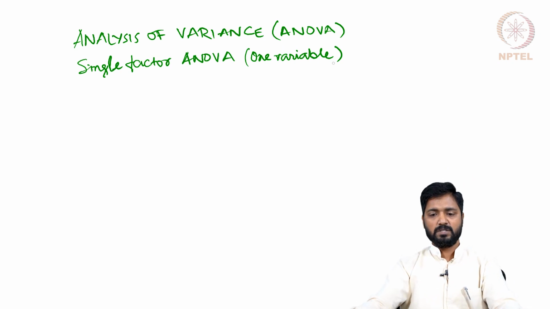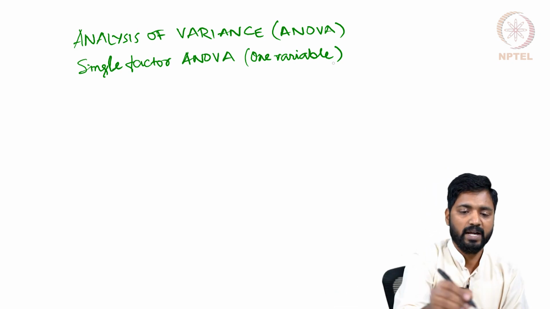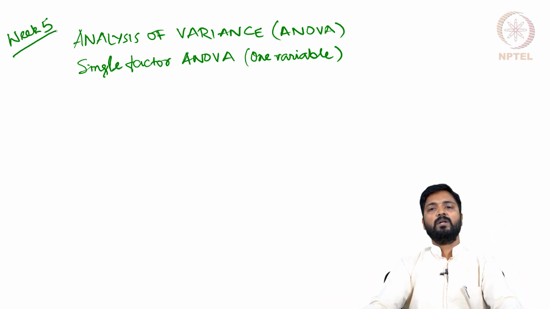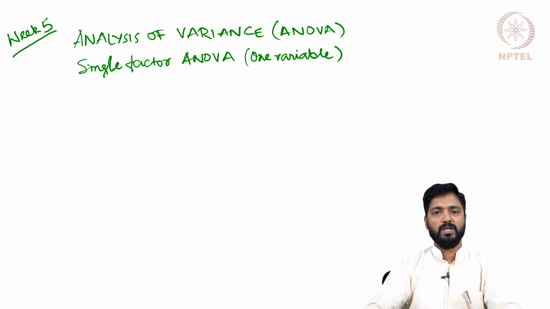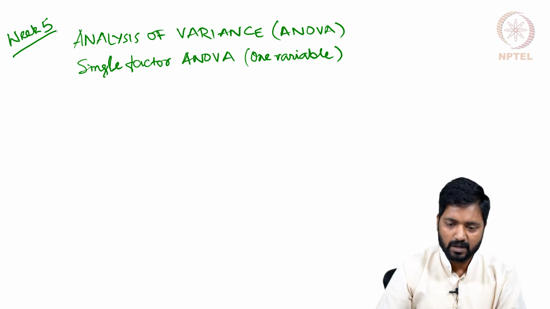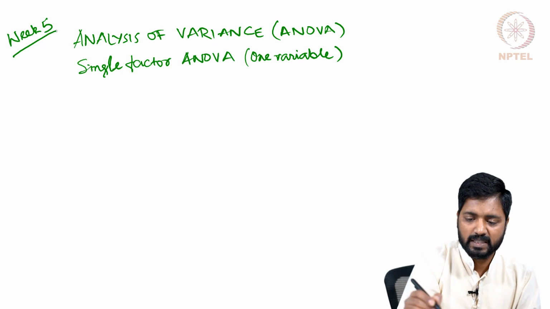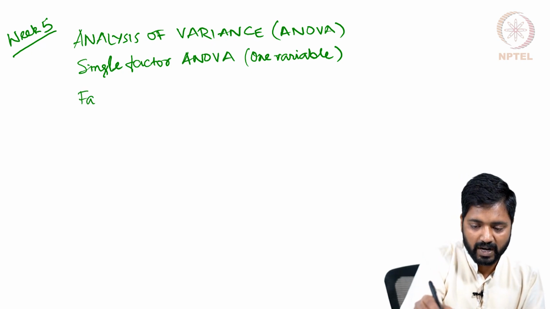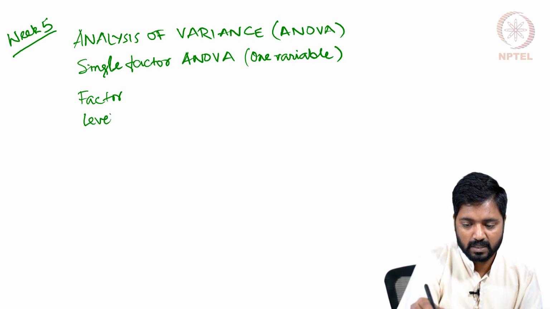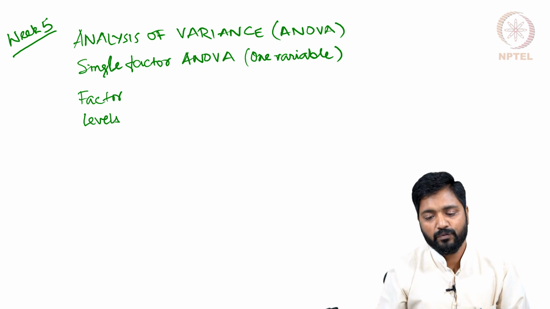Now, as discussed in week 5, this variable can be temperature, the variable can be the person who is conducting the measurement, or any other variable that we can think of. For example, pH can be another variable, and we had essentially three things here. One, of course, is the factor which is being varied, and then we had levels. That means how the factor was varied.